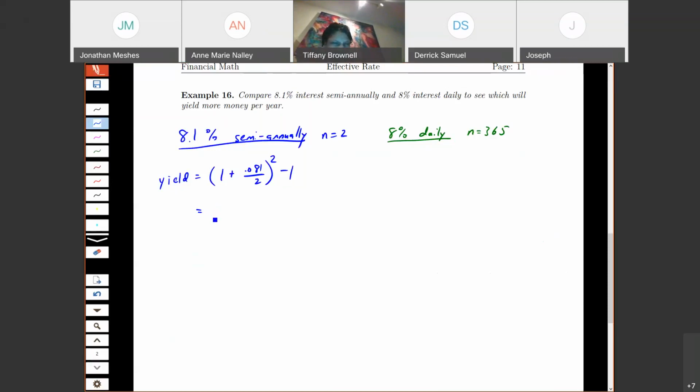When I punch that in, I get 0.08264025, or approximately 8.26%.